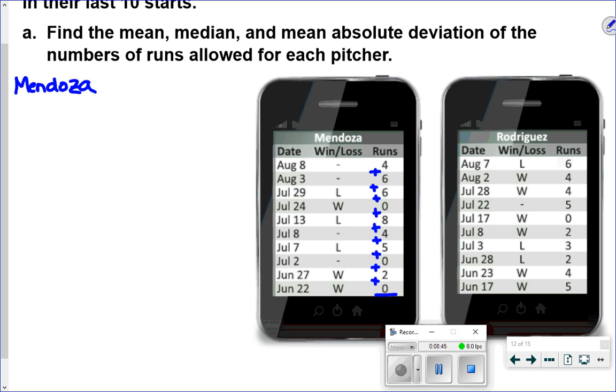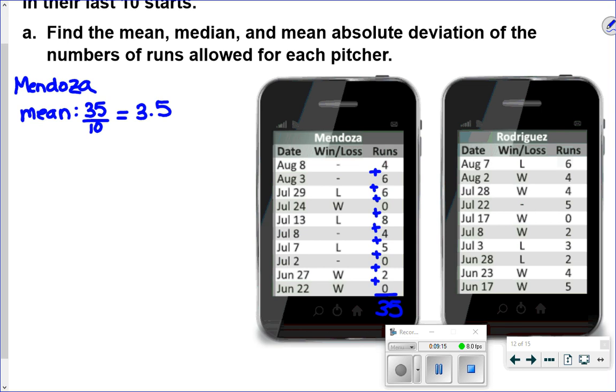When I added all of those together, I got a total of 35. So our mean, we got a total of 35. They told us there were 10 numbers there. So that means my mean is going to be 3.5. On average, the amount of runs he allowed was about 3.5 per game.